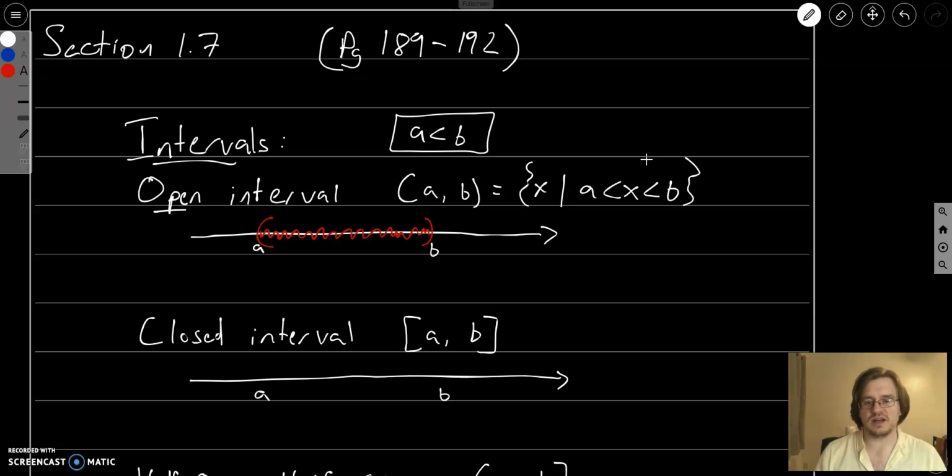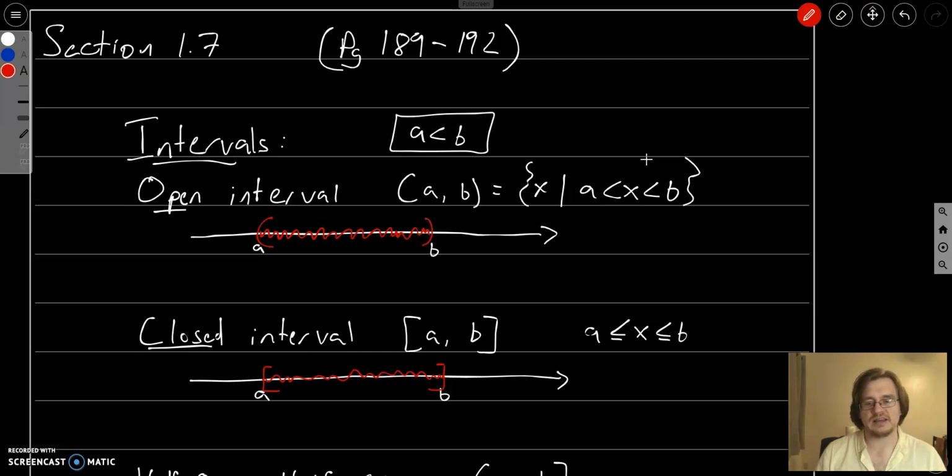When we're talking about a closed interval and we're using square brackets instead of parentheses, this means that any element in here is going to be greater than or equal to a, and less than or equal to b. Essentially, when we have these square brackets, we mean we're going to include the endpoints.